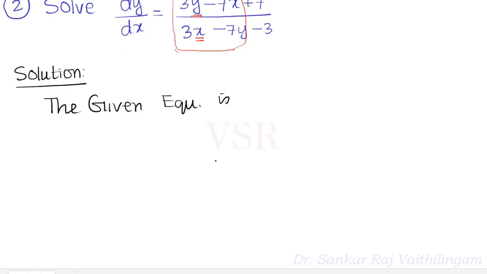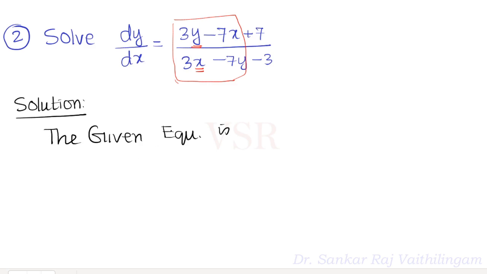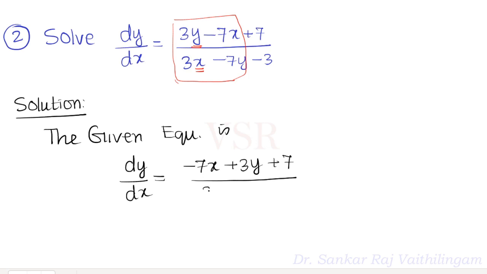I am going to write it in this form: dy by dx is equal to, first x, so (minus 7x plus 3y plus 7) divided by (3x minus 7y minus 3). Now we are going to calculate the matrix. I am going to calculate its determinant.